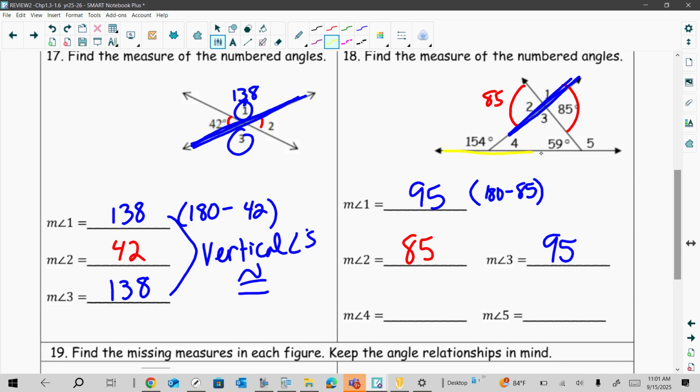It is also on this line. Yep, 180 minus 154, which is 26. Yep, that should be 180 minus 59. 121.